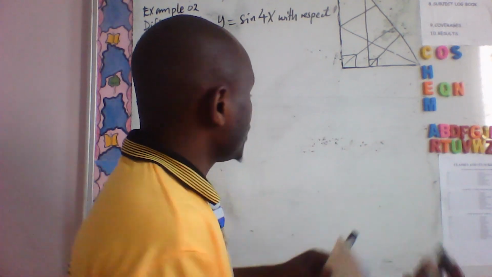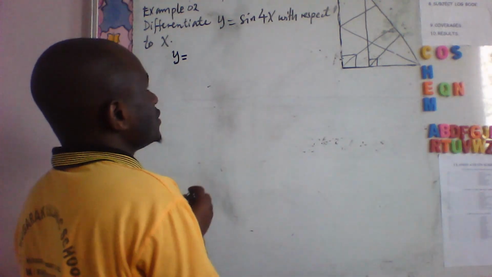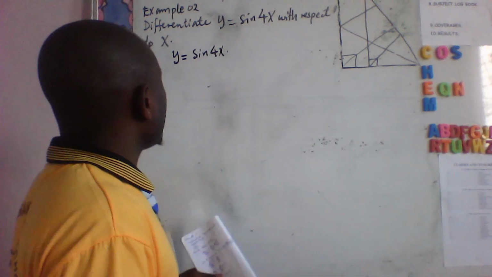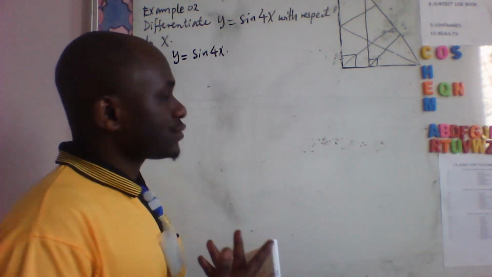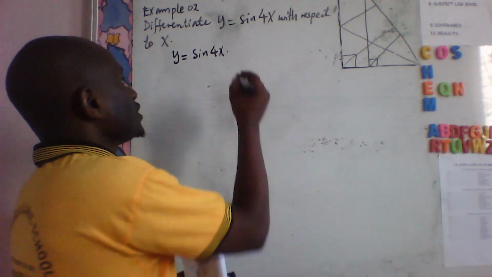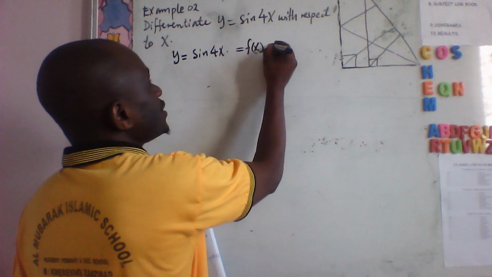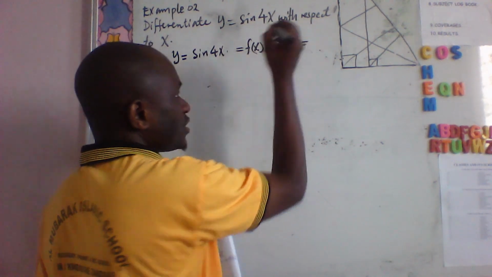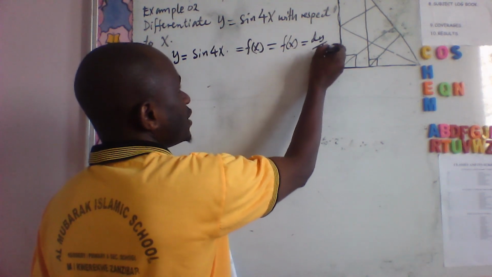So our function y is equal to sine 4x. After identifying that our function y is equal to sine 4x, let us proceed, in which this is the same as writing f(x), where f dash of x is equal to dy over dx.